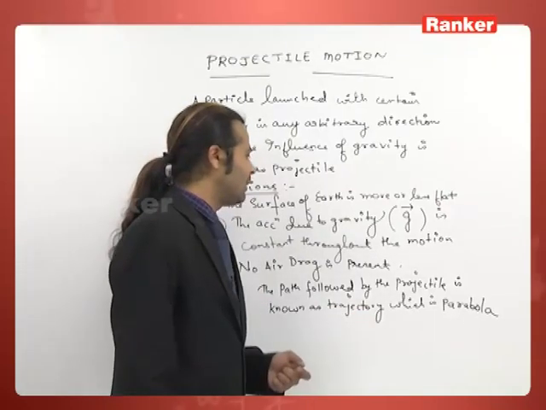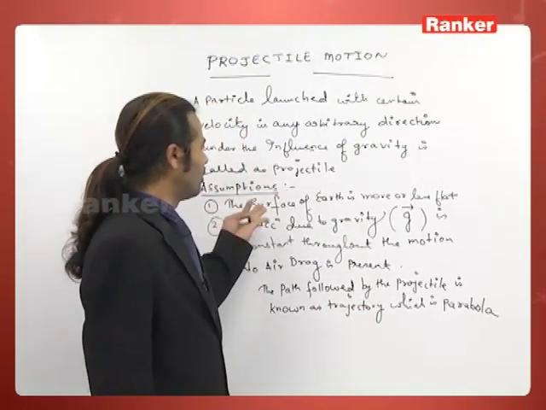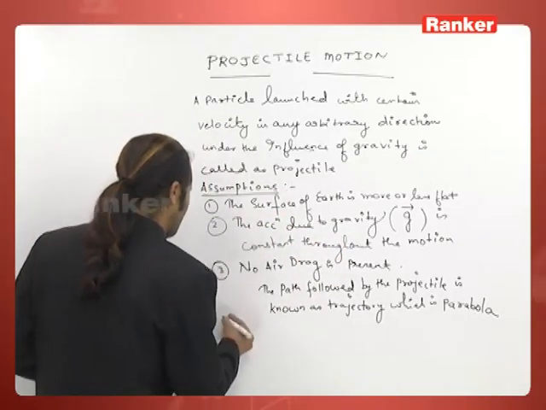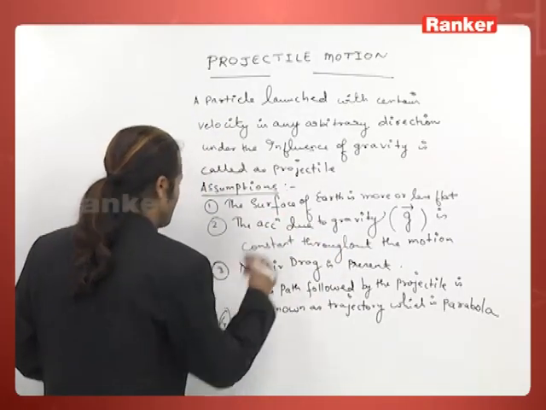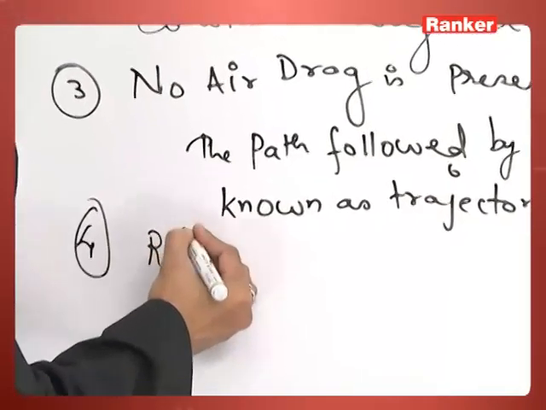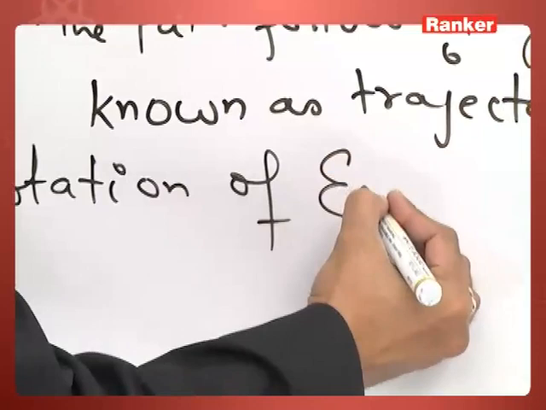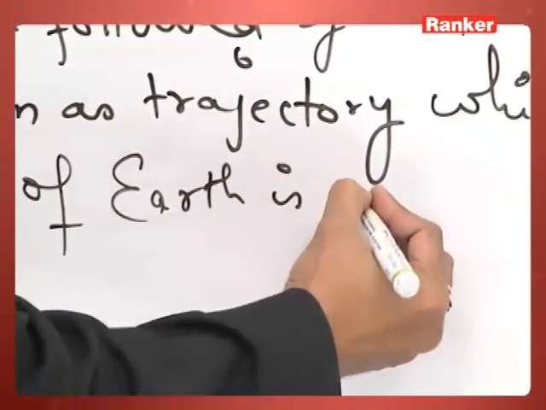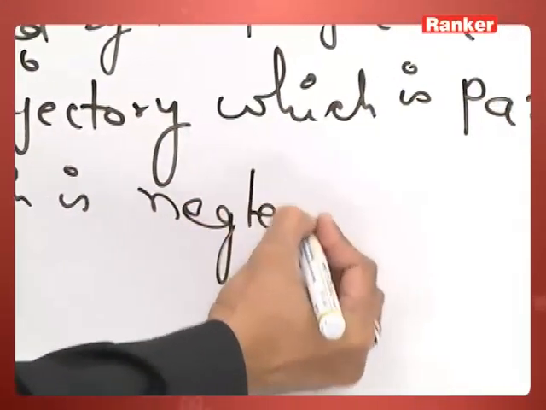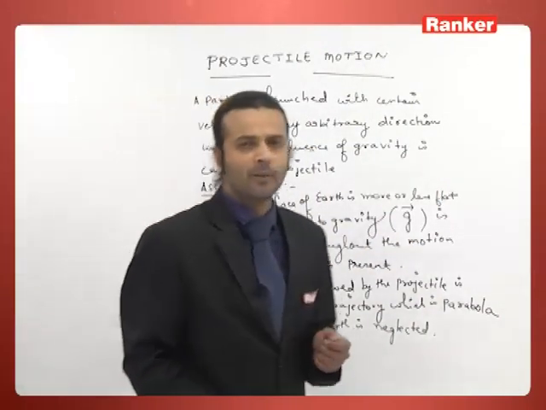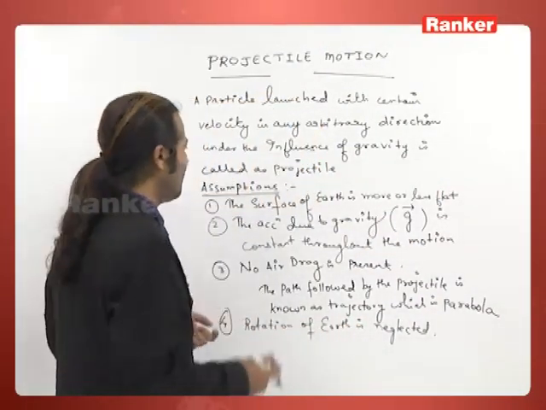We will prove it. It is parabolic in shape, because another assumption we have is that the rotation of Earth is neglected when we consider problems related to projectile.